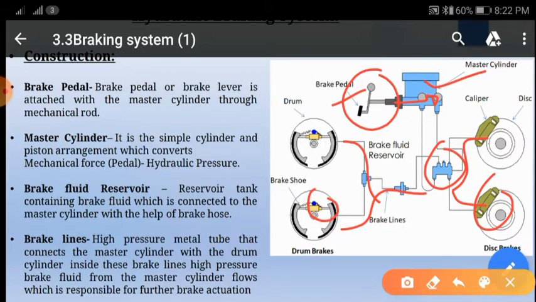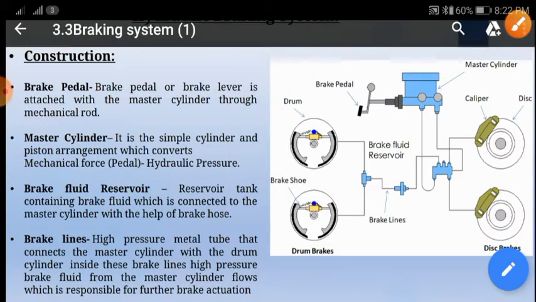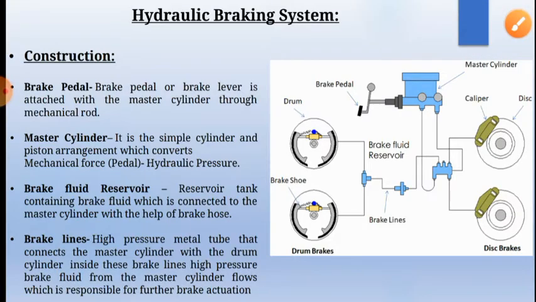So in this way it is very simple in construction. You have to just remember four important parts: brake pedal, master cylinder, brake fluid reservoir and the brake line. Now we will move to the working of the hydraulic braking system.